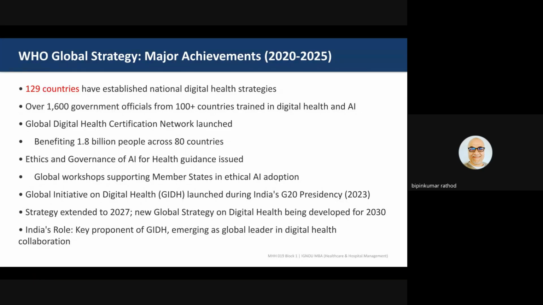So now let's elaborate on the global strategy and what are the major achievements of the WHO digital health strategy for developing countries.